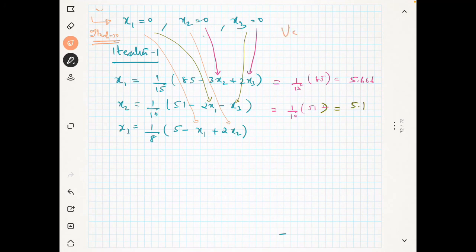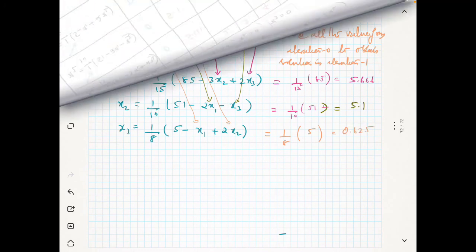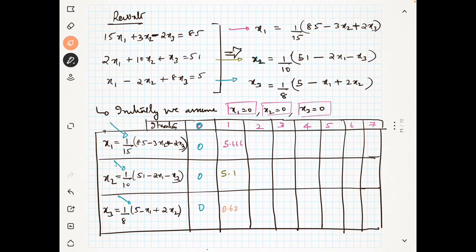So here it's 1 by 8 into 5, that's it. So you will get 5 by 8, 0.625. So you got the first iteration.